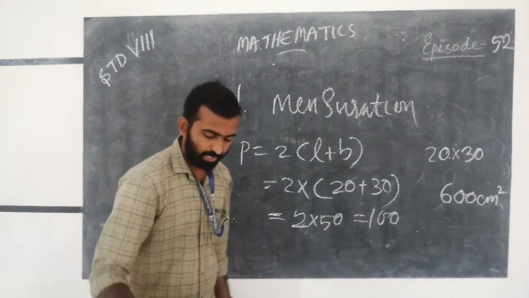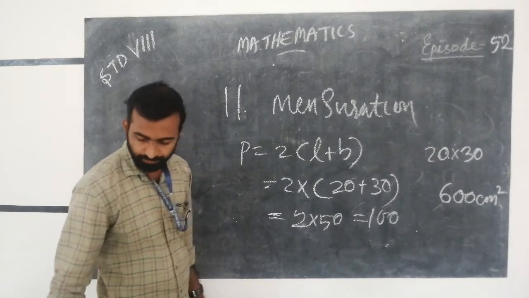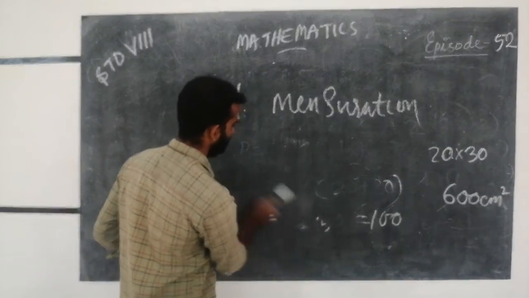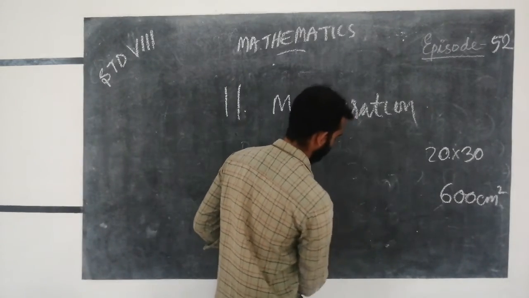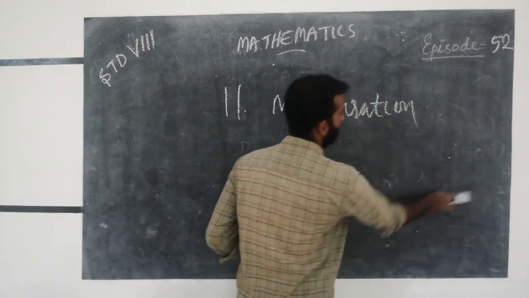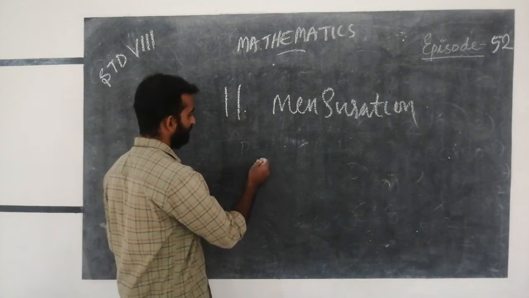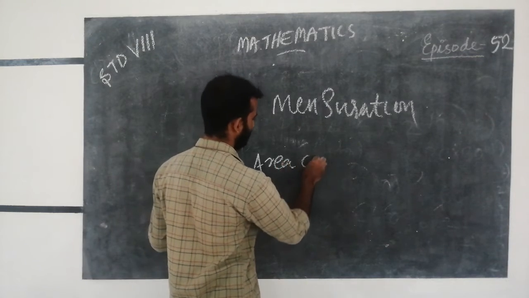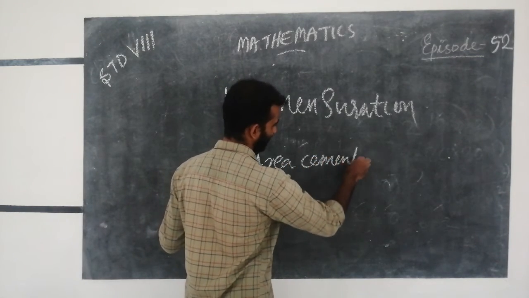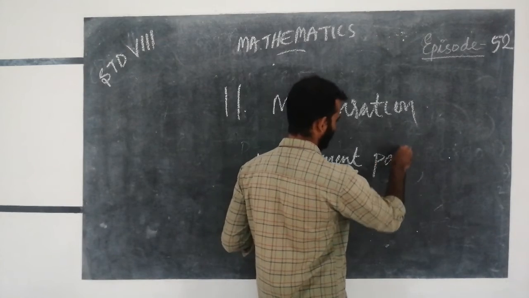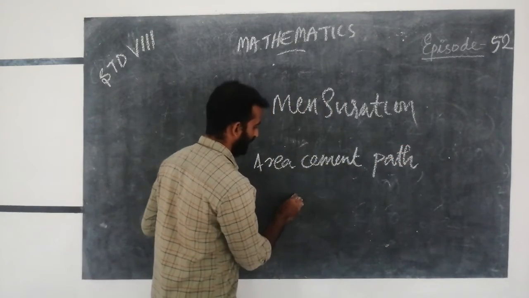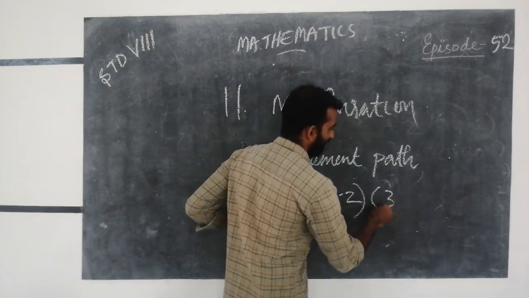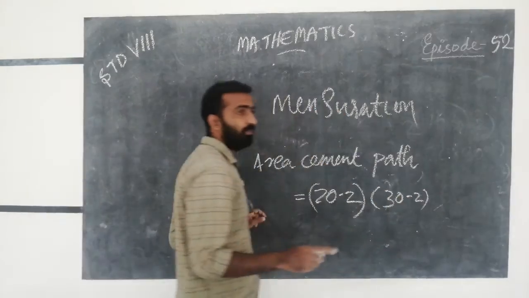Is it? Yes. We can write it as 20 minus 2 into 30 minus 2, that is 1 meter width.